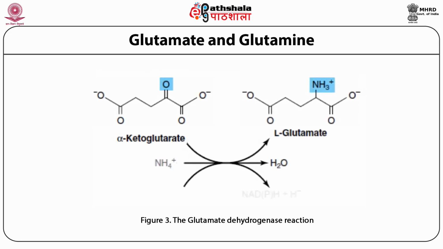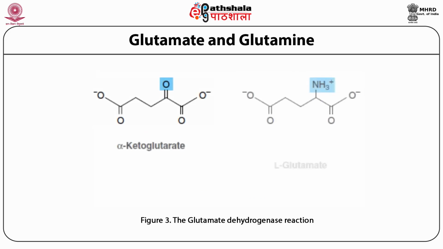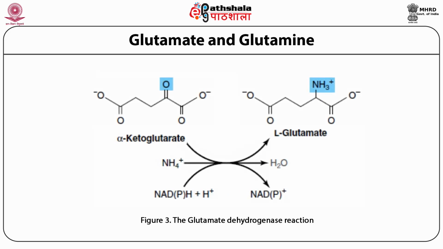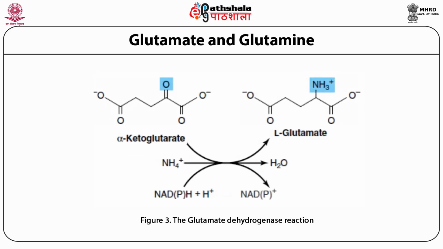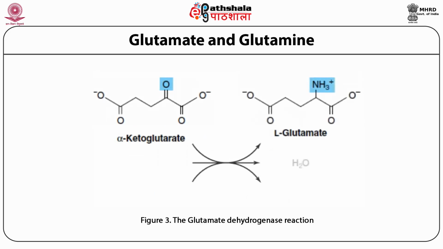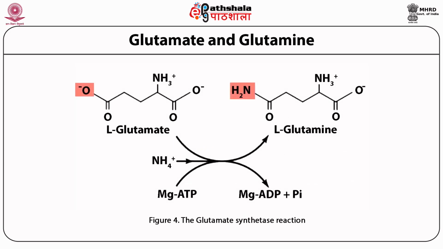The figure shows the glutamate dehydrogenase reaction in which water and glutamate are formed from alpha-ketoglutarate. This figure shows the formation of L-glutamine from L-glutamate by the enzyme glutamine synthetase.